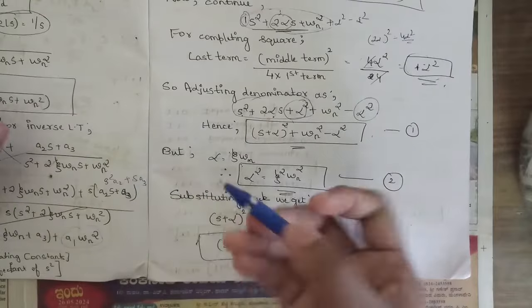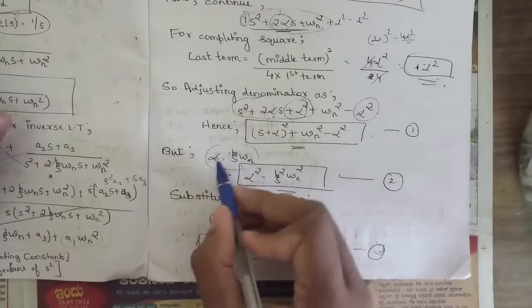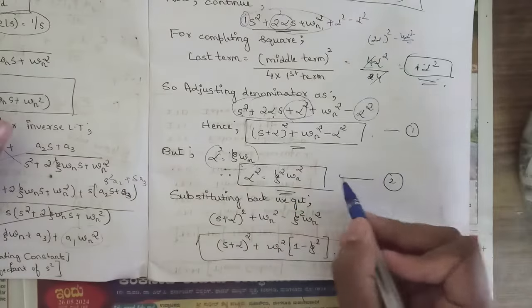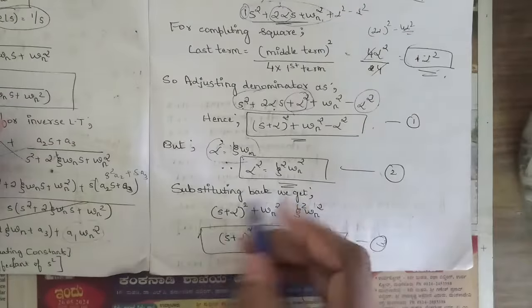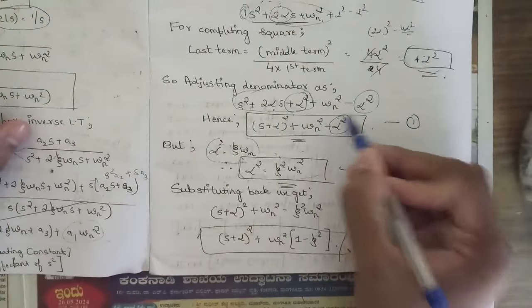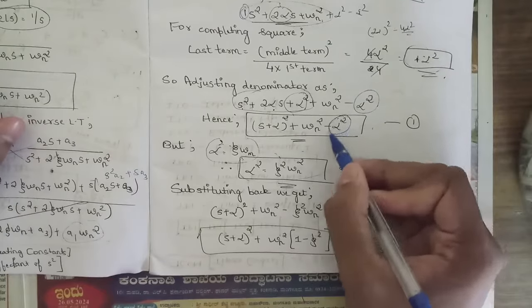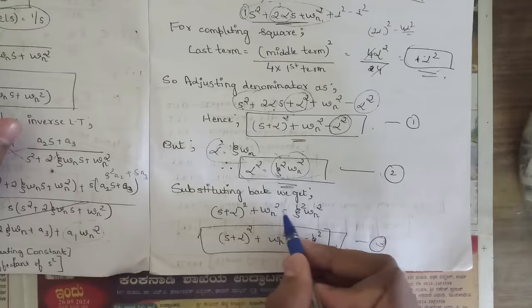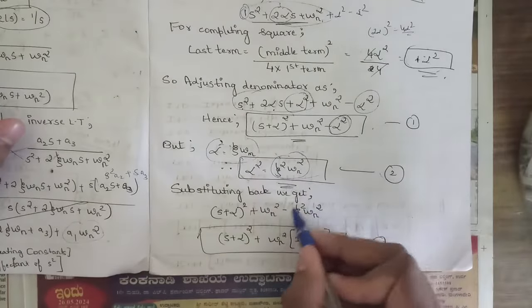After that, we know that we have taken initially the value of alpha is equal to zeta into omega n. Therefore alpha square is equal to zeta square into omega n square, name it as equation 2. Then substitute back this value of alpha square in this equation, that is s plus alpha the whole square plus omega n square minus zeta square omega n square.